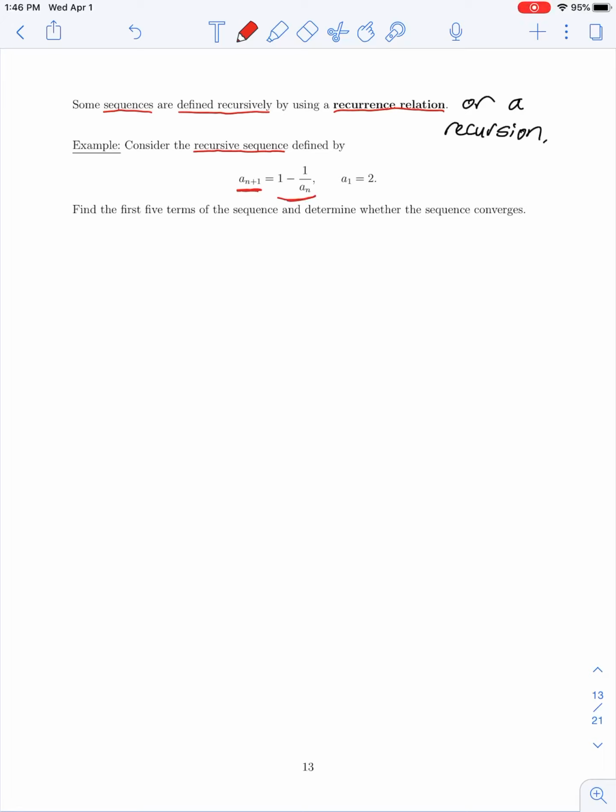Here we are told to consider the recursive sequence defined by a sub n plus 1 is equal to 1 minus 1 over a sub n. And the first term of this sequence, a1, is defined to be 2.